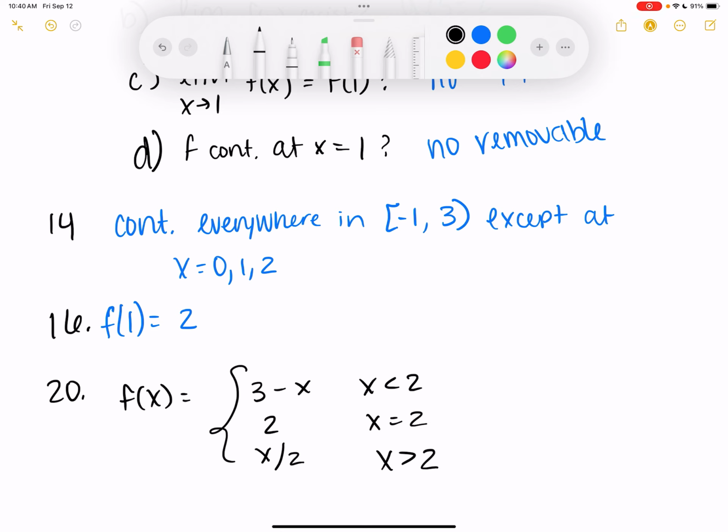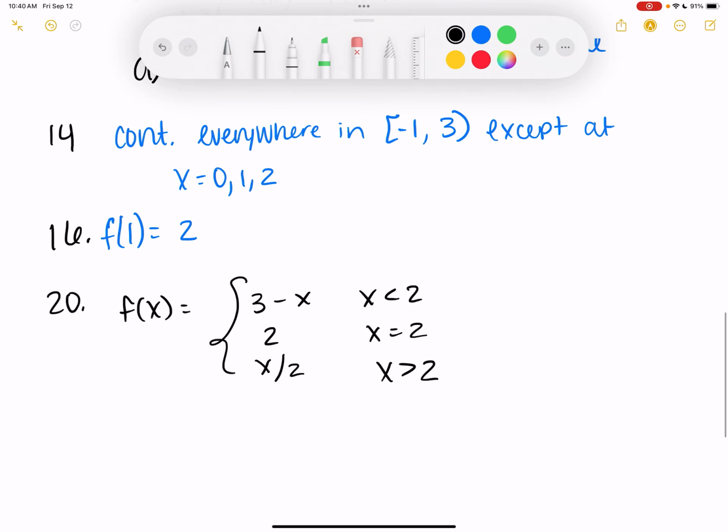So we want to know where the point of discontinuity is. Basically what I would do leading up to this is evaluate the two-sided limit of this graph.